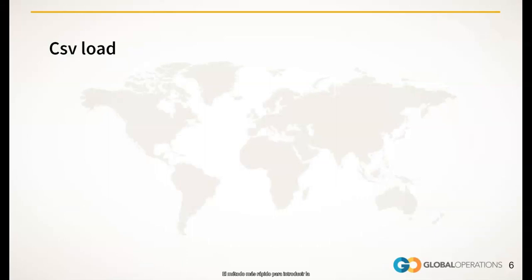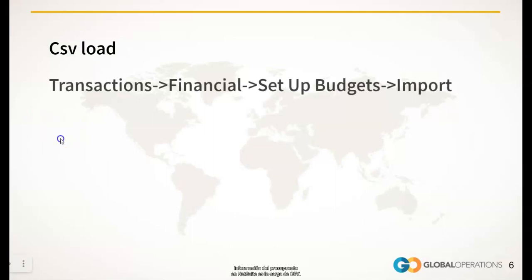The faster method to enter budget information into NetSuite is CSV load. First, you need to get the template for this. It is located in the same place where the import is itself. So you need to go to Transactions, Financial, Set up Budgets, and Import.